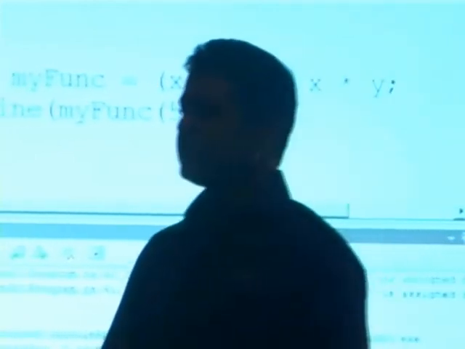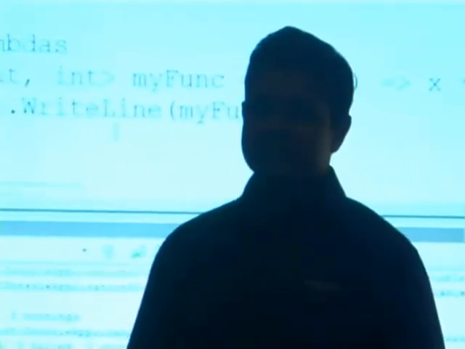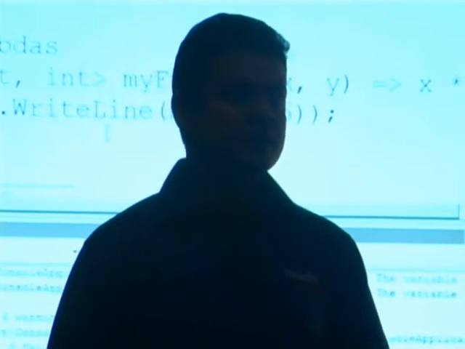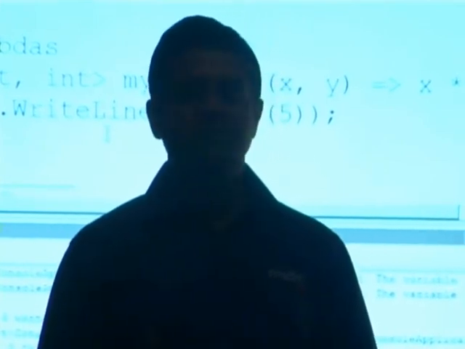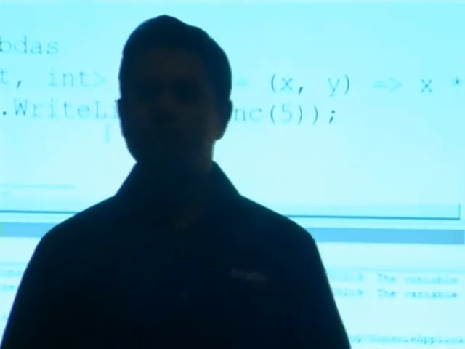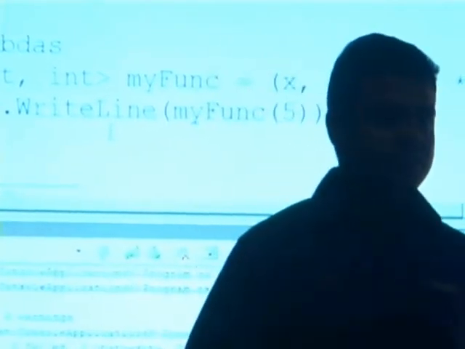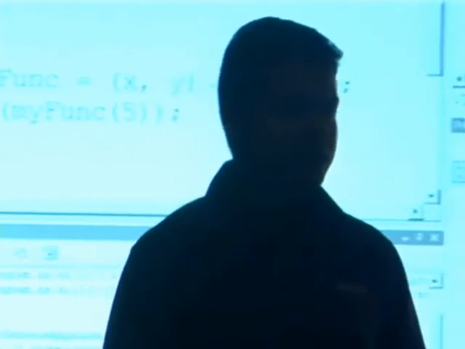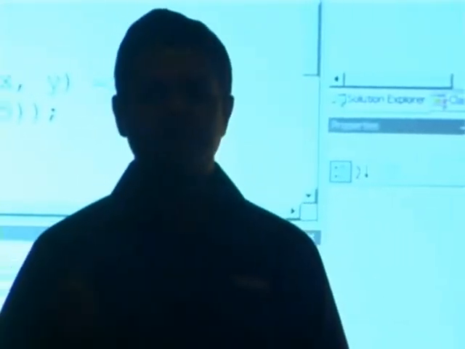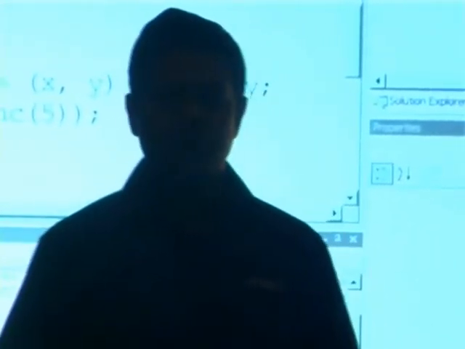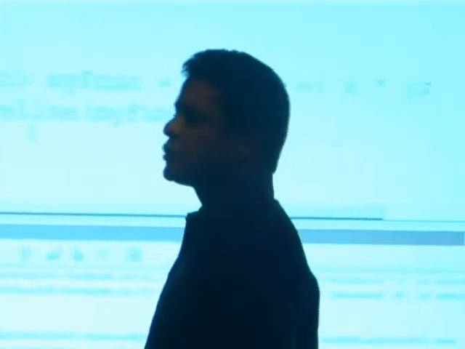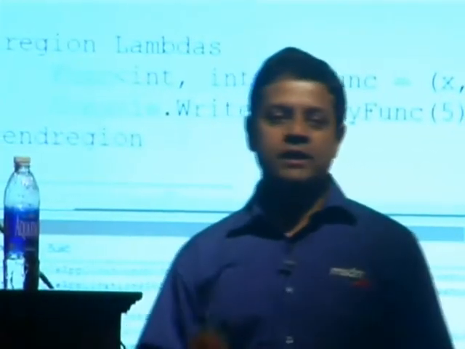So let's go back into anonymous methods, C# 2.0, or delegates. What is the advantage of delegates? You can create a signature, and then as long as the signatures match, you can attach that delegate to any function that has the same signature, right? Lambdas are an evolution of anonymous types or delegates.